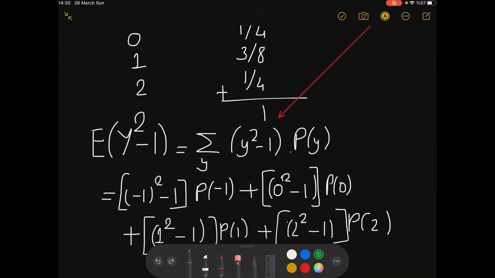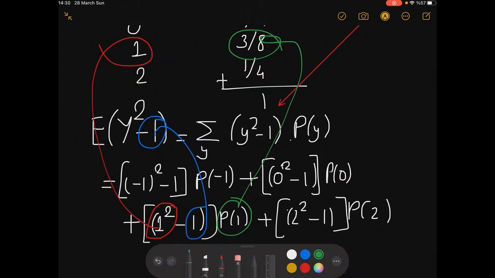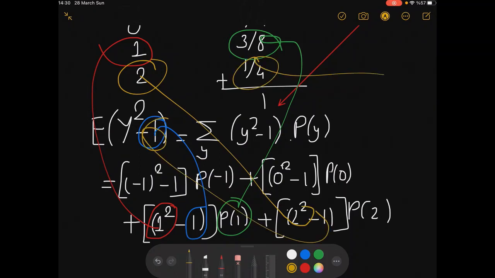Okay, let's just do one more time, and that would be enough. Where is this coming from? This is coming from here. And where is this coming from? It's coming from here, from the function, and the probability is coming from right here as well. One last time: this one is going to square here, and minus 1 is coming here, and this one is coming from right here. That's the idea.